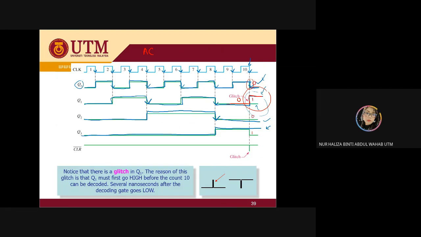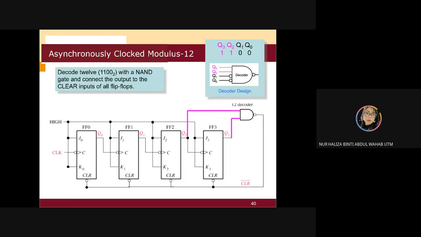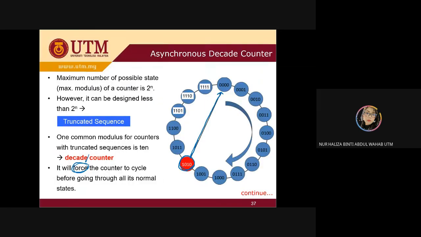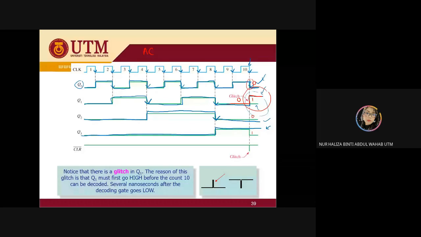Supposedly for your state here, you're going to get 1010. But after you get 1010, your normal counter would go to 1011, supposedly. But you have the force to go to 0000. That's why it's going to force you.